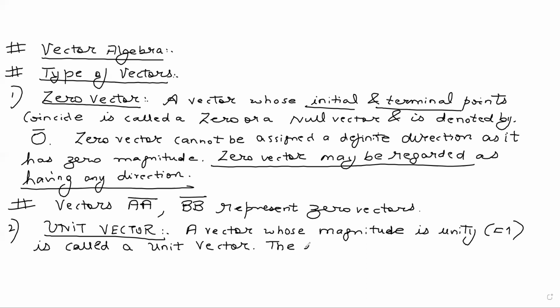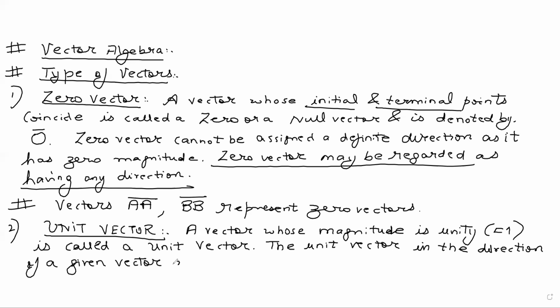So how do we denote it, guys? The unit vector in the direction of a given vector A bar is denoted by, so we denote a unit vector by a cap on the top.